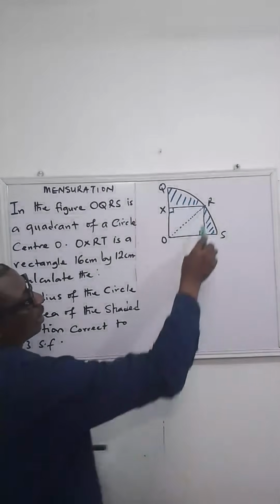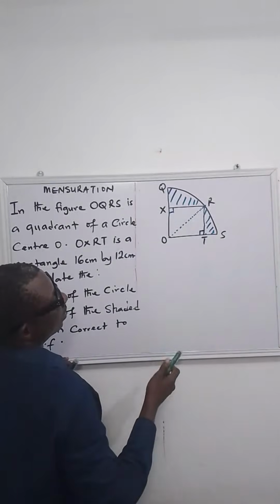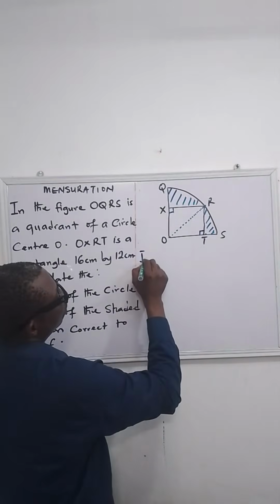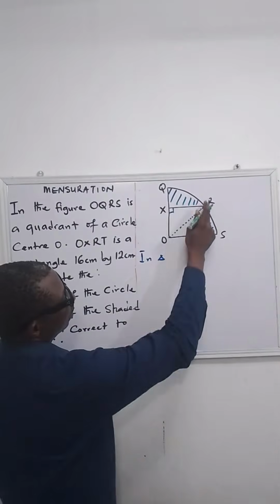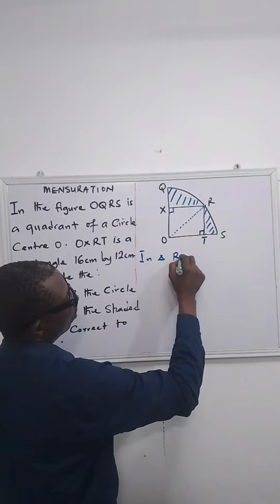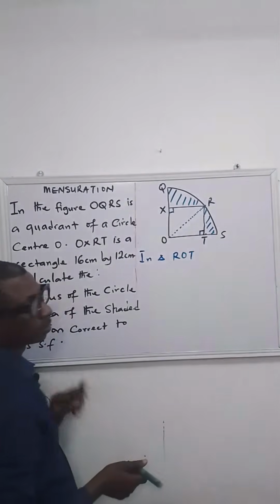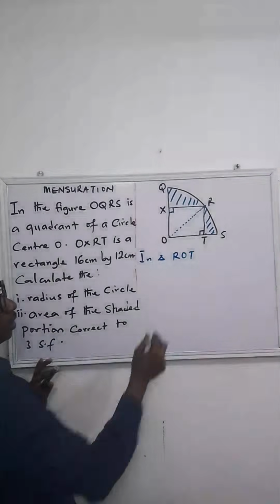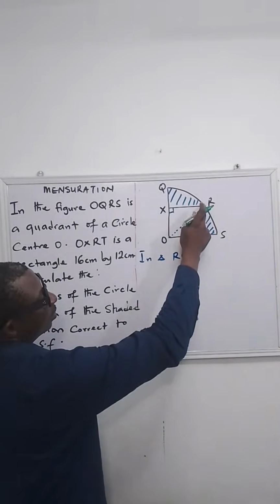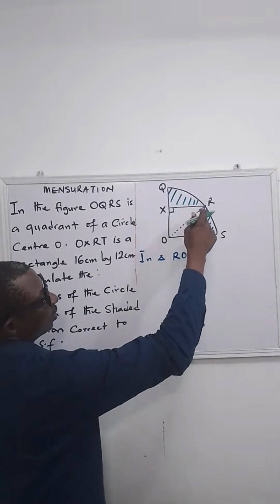I'm going to consider this triangle. In triangle ROT, this is the two sides and this is the hypotenuse.